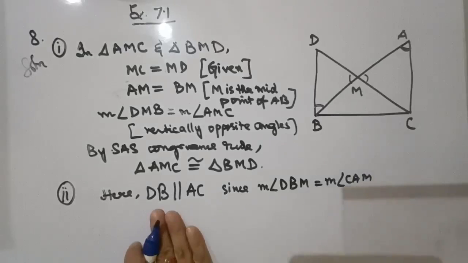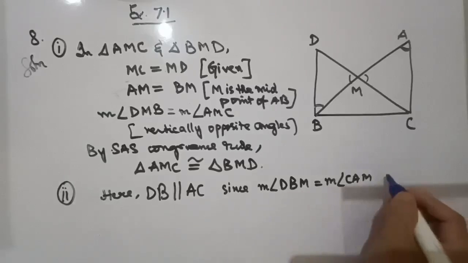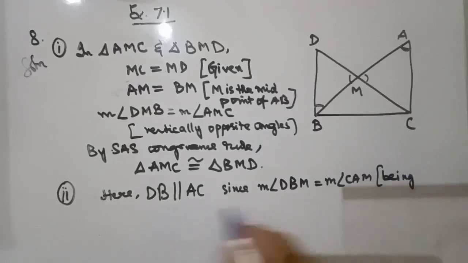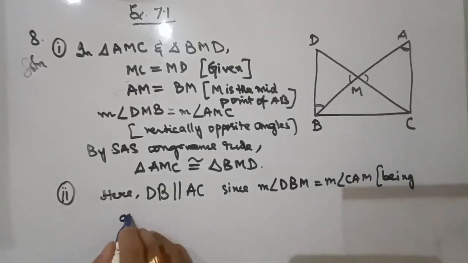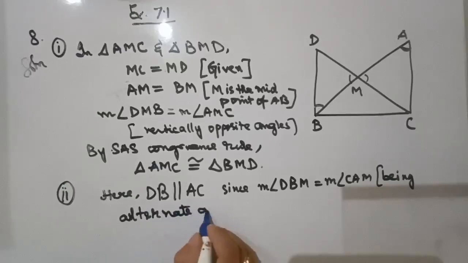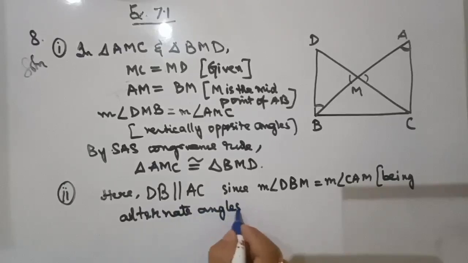So these line segments DB and AC are parallel to each other, being alternate angles.